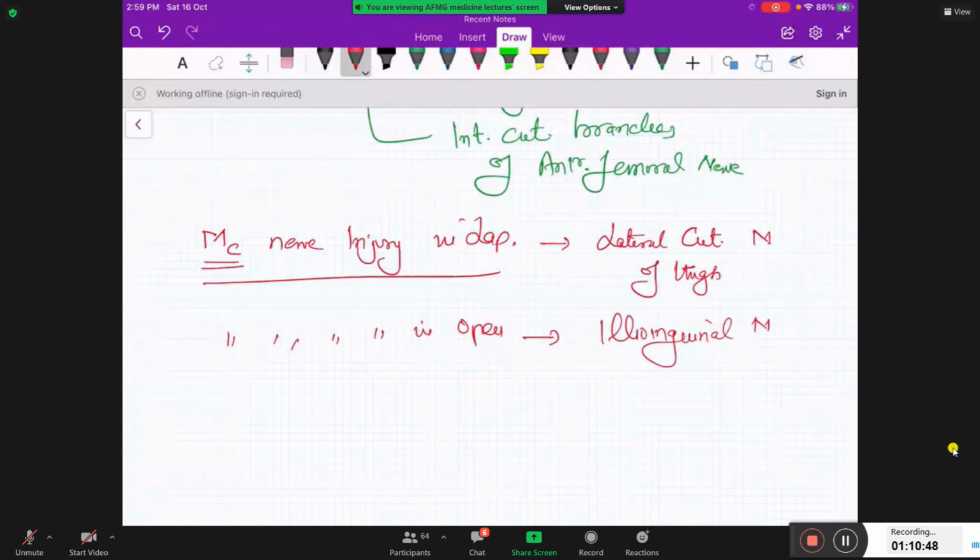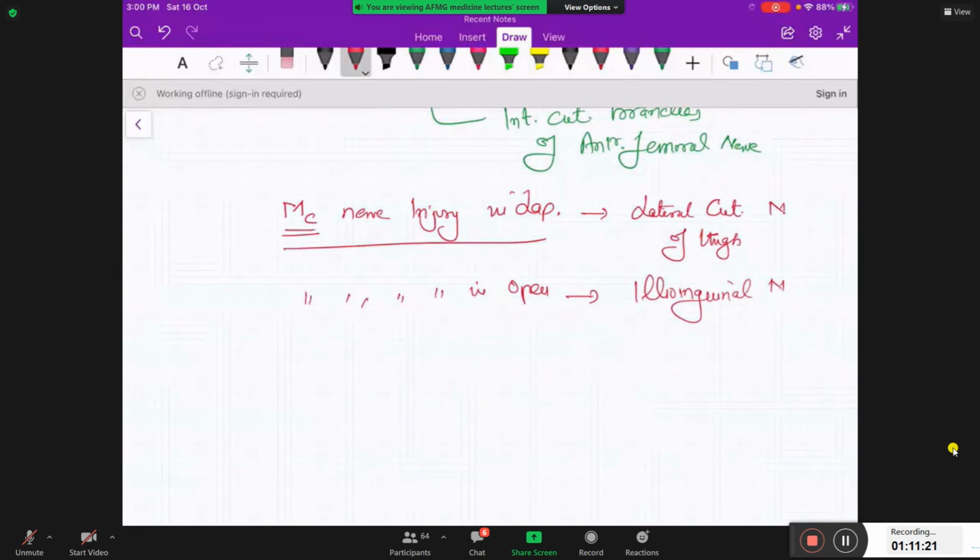Which nerve injury is the most common reason? Same question, but placed in a different way. Please orient yourself to the clinical way of the exam. All the information you already have, but it is about applying it through a clinical question.